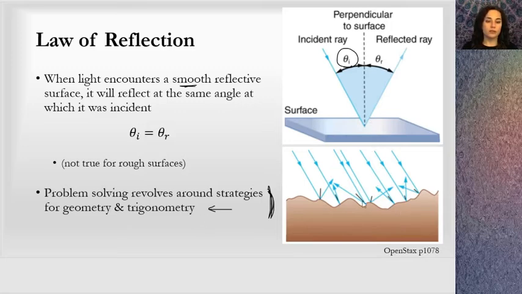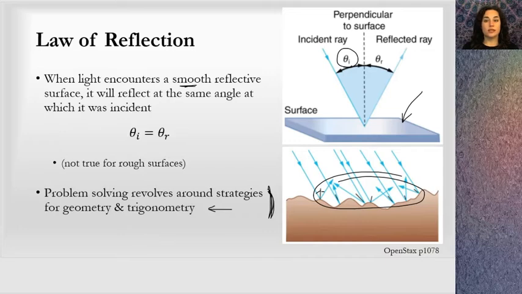I put a diagram down here. I like this one from OpenStax, and it shows that even if you have a rough surface, light will reflect at an equal angle to that at which it was incident, but we do not get a coherent bunch of light rays reflecting off this surface like we would on this flat surface, this flat mirror.